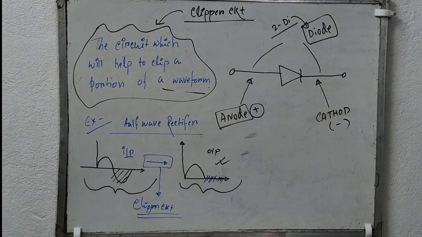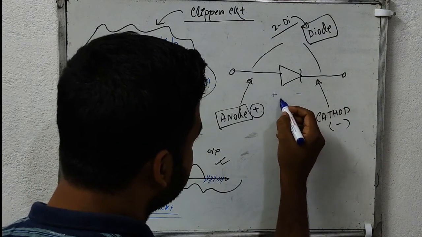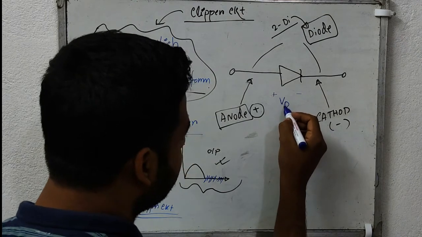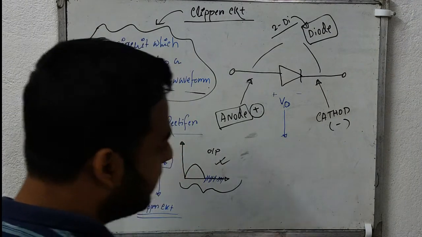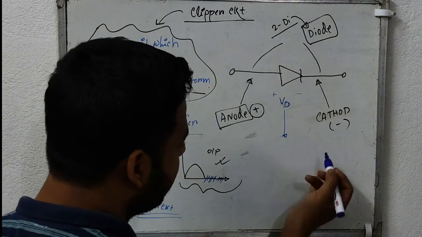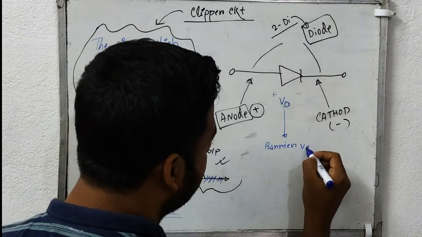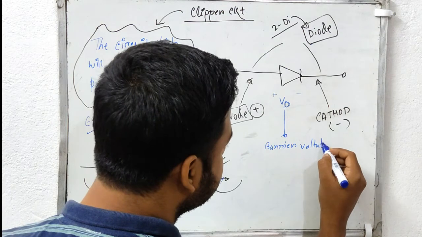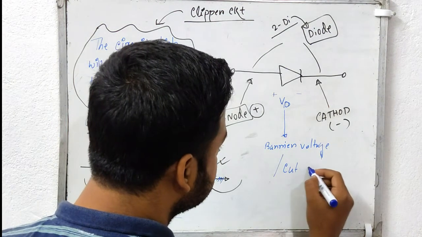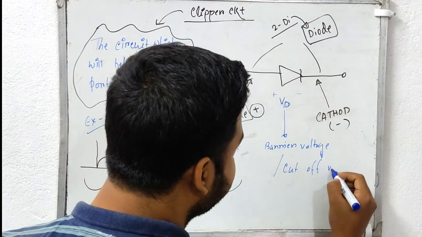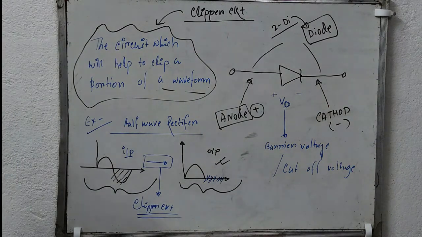Now, a diode always has a barrier potential. We may define it as VD, the barrier potential. You may call this voltage the barrier potential, barrier voltage, or the cutoff voltage of the diode.